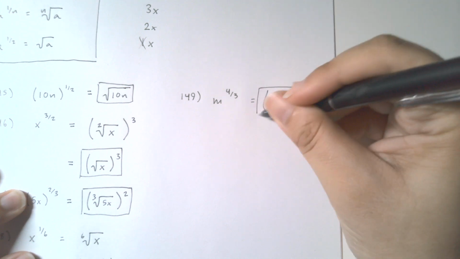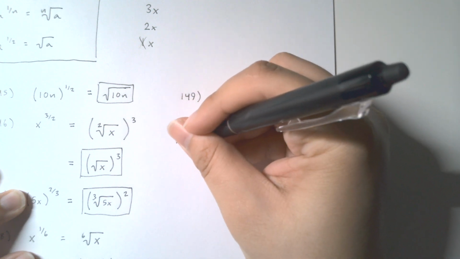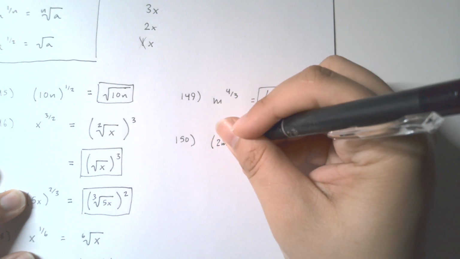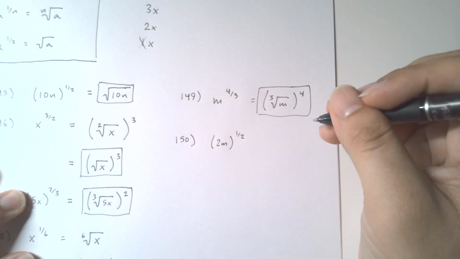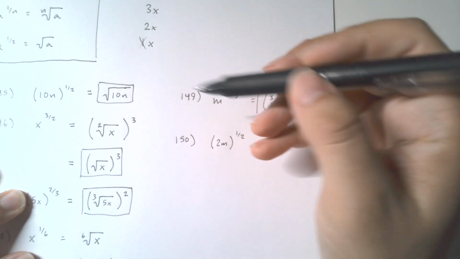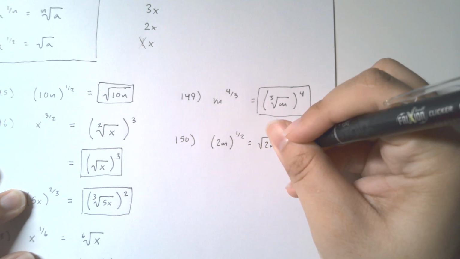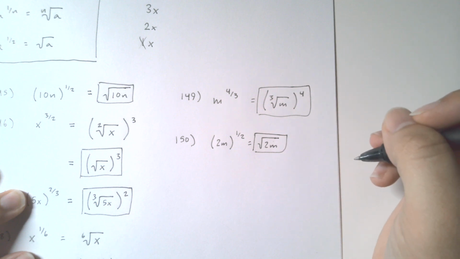And this is already simplified. For number 150, we have 2m to the power of 1/2. And recalling our property from over here, we can just say this is the square root of 2m. And that is our final answer.